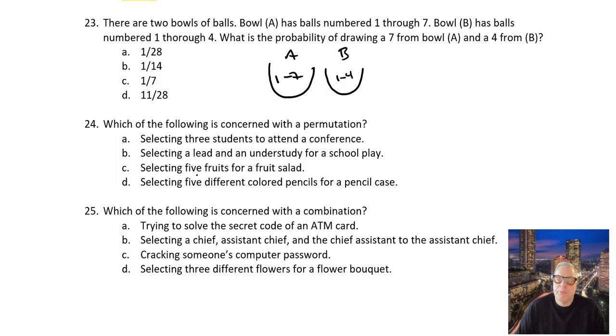Okay, what's the probability of drawing a 7 from bowl A and a 4 from bowl B? So those are obviously independent events because of two different bowls. So that would be 1 over 7 times 1 over 4, 1 over 28.